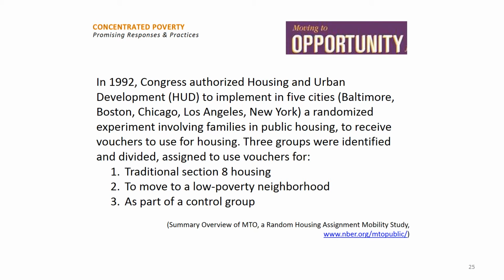In 1992, Congress authorized Housing and Urban Development to implement in 5 cities, Baltimore, Boston, Chicago, Los Angeles, and New York, a randomized experiment involving families in public housing to receive vouchers for use in their housing.